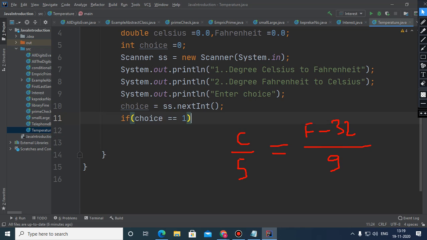And now, if choice is 1, in that case, you have to enter temperature in degree Celsius.